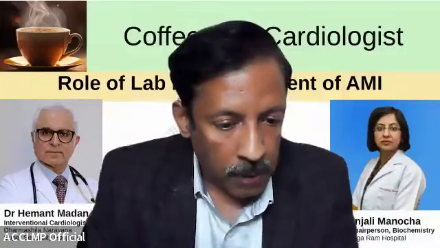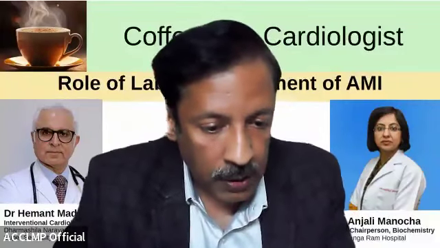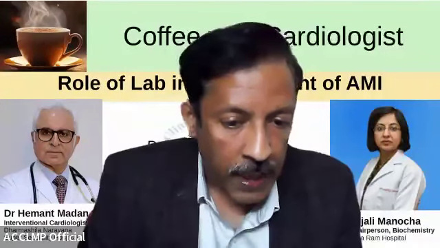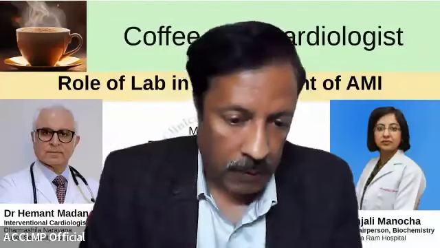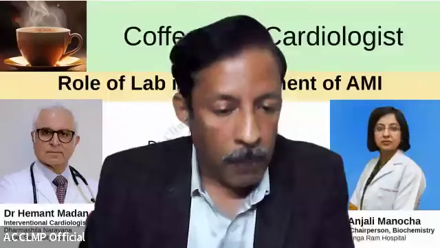Now, sir, hs-Troponin becomes your cornerstone of management. You touched upon this, that if the hs-Troponin is raised, yes, very good, the patient is gone inside. How do you approach an equivocal value, where 25 is the normal cutoff in the normal population?